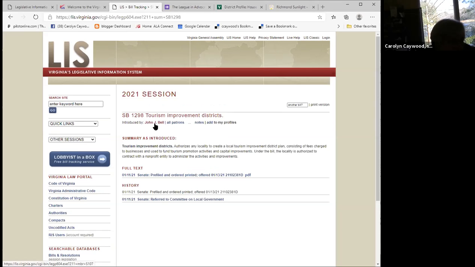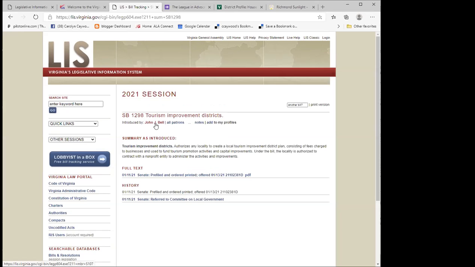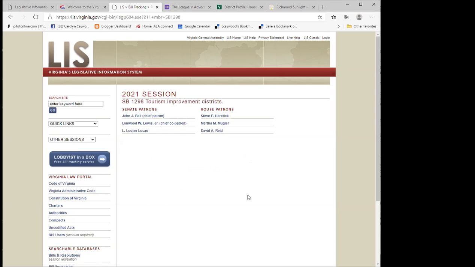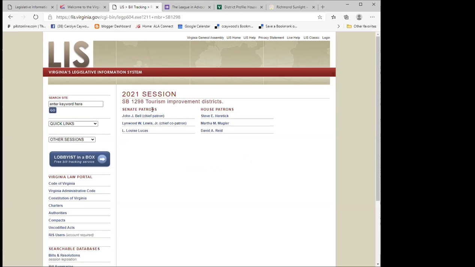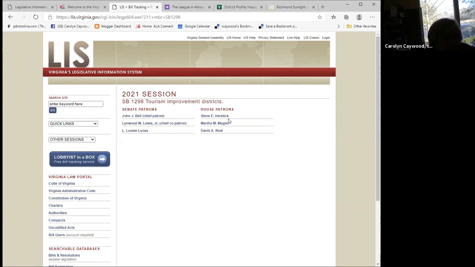Though John Bell is nowhere near Virginia Beach. So he introduced it, and then show us all the patrons that are on that bill. So clearly that bill's fairly popular. Well, both houses, yeah, supported. Okay. Lewis and Lucas. And we've already got support on the House side.